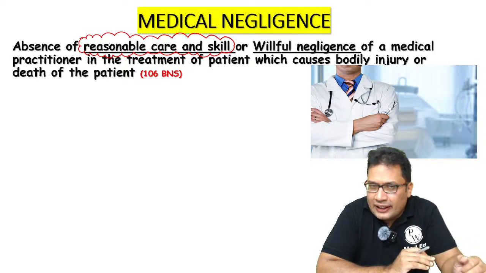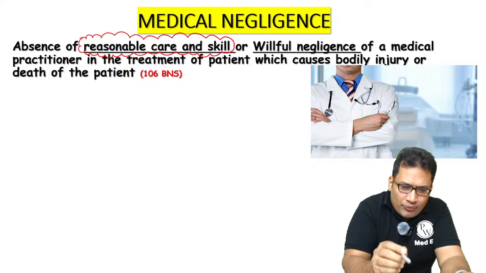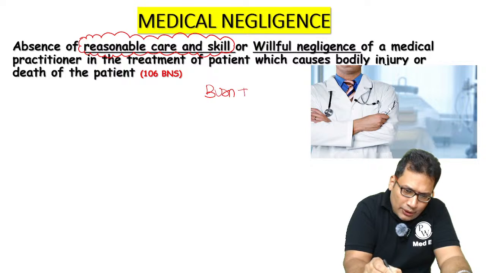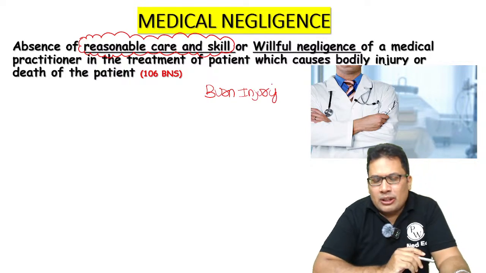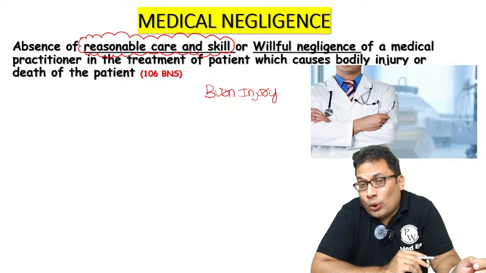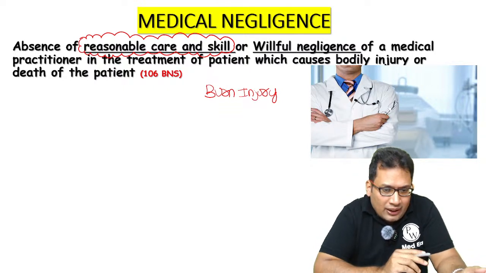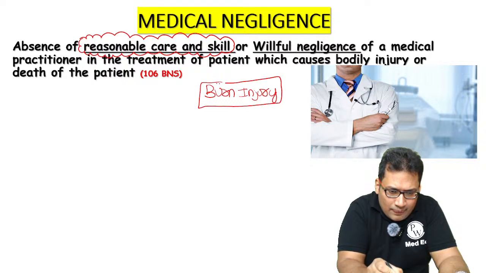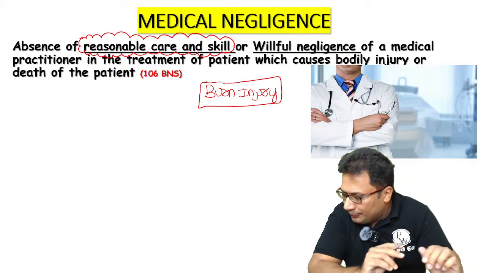Reasonable care and skill. Take an example, a case of burn injury. The most common cause of death is hypovolemic shock, which is the immediate cause of death. Anybody, what is the reasonable care and skill in a case of burn injury?